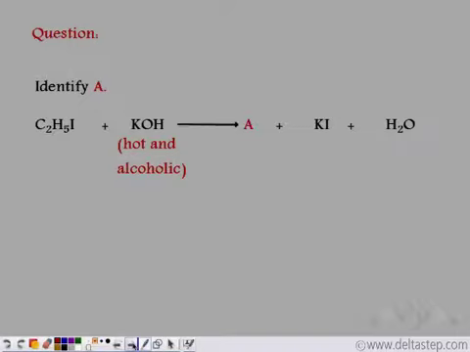So whenever you see hot and alcoholic potassium hydroxide, we know the process taking place is dehydrohalogenation. That means the removal of one hydrogen atom and the removal of one halogen atom. In this case, our halogen atom is iodine and one hydrogen atom is removed.